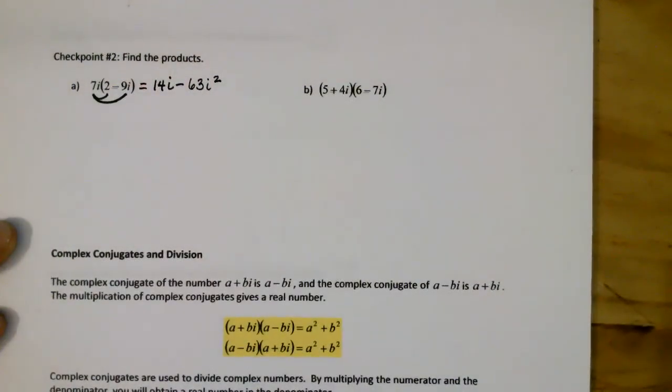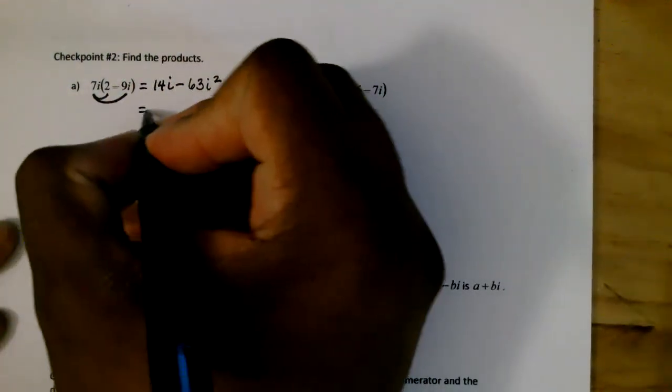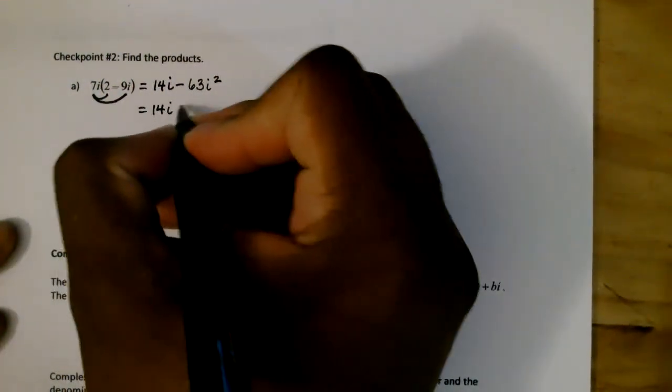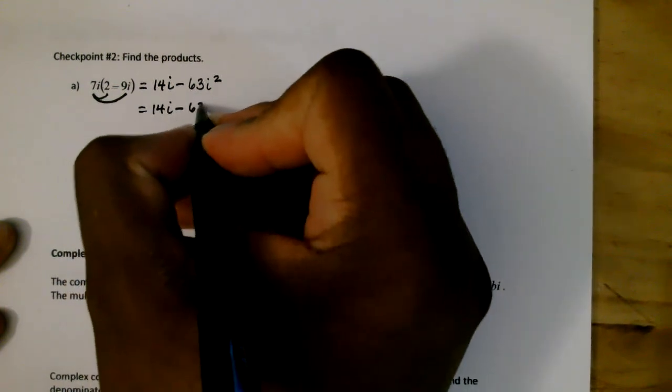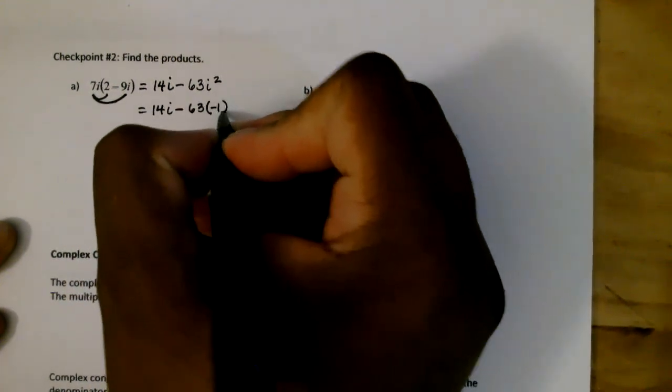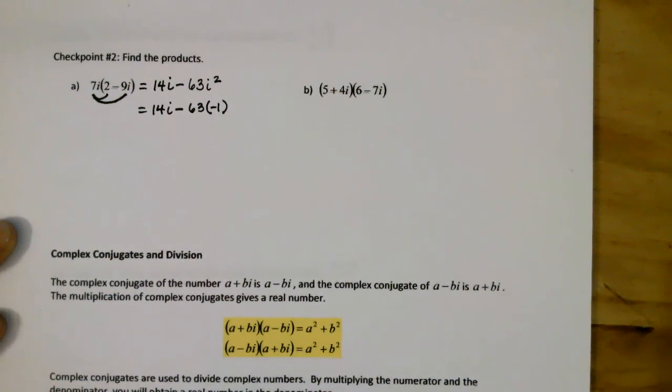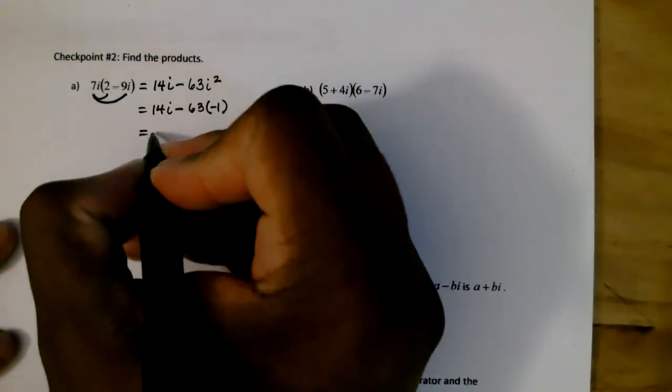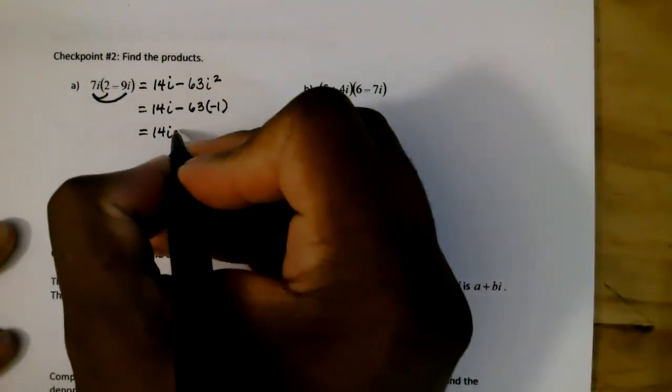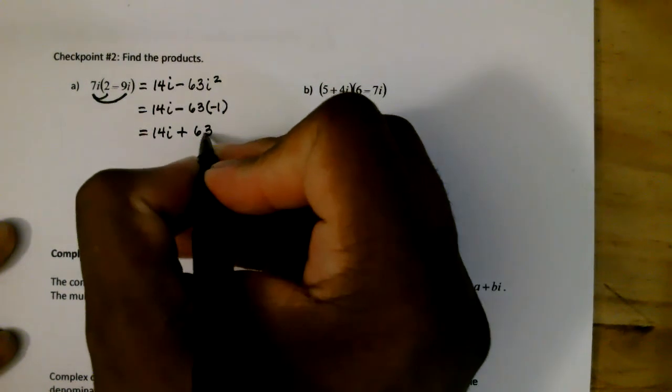That's 7 times 9, that's 63. And then you have i times i, that's i squared. And we replace the i squared with -1. So I have 14i minus 63 times, substitute the i squared with -1. And then -1 times that minus 63 will be a plus 63. So I have 14i plus 63.